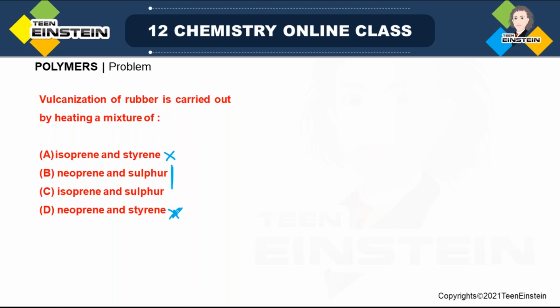So the correct one is isoprene, because the monomer unit, remember the structure of natural rubber, the monomer unit is isoprene, 2-methyl-1,3-butadiene. So the monomer unit of natural rubber, when you heat it, it is not simple heat. You are heating it in presence of sulfur. Then only sulfur-sulfur linkage is possible. Okay, so that is why option C will be the correct option.